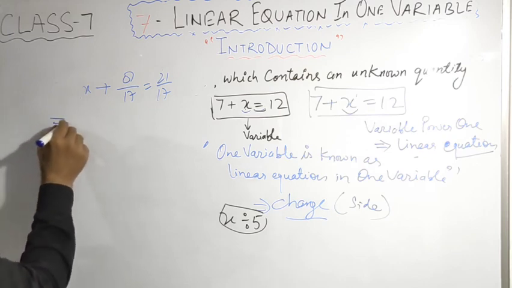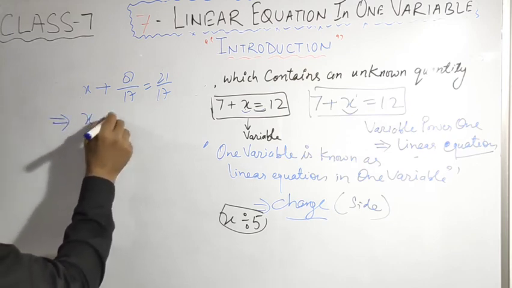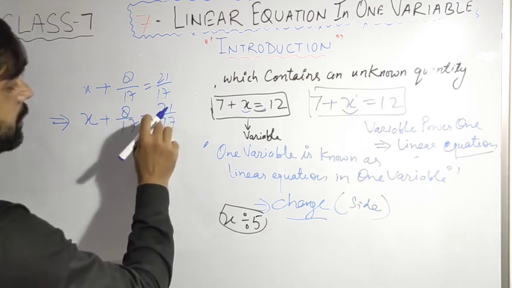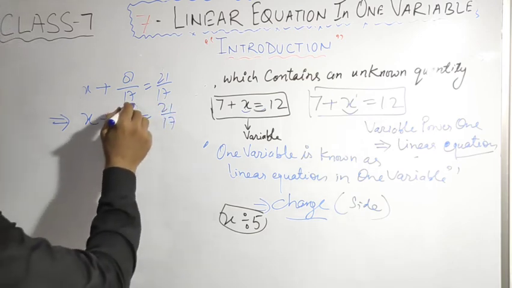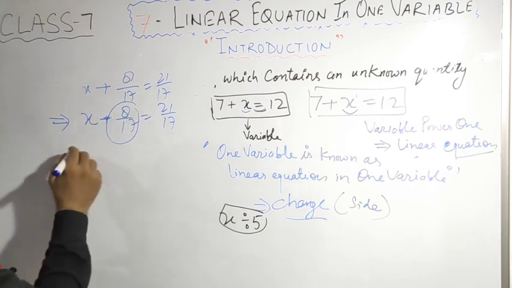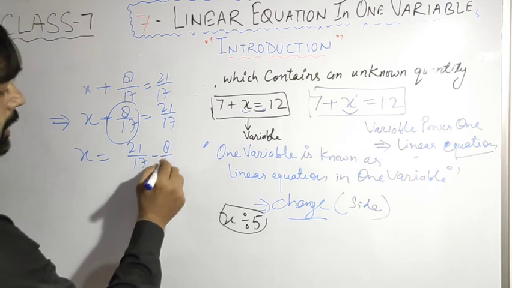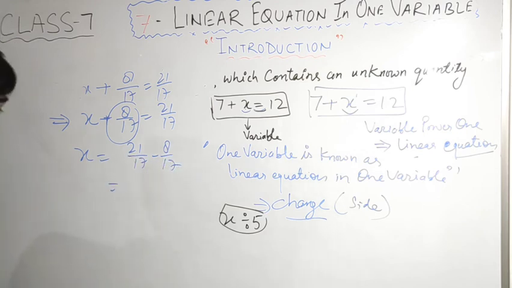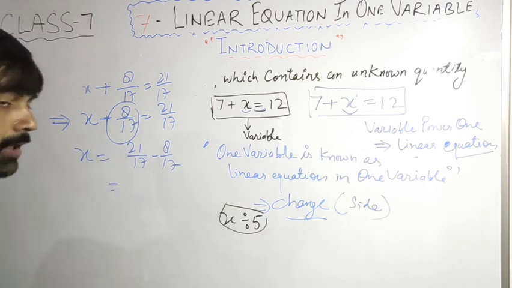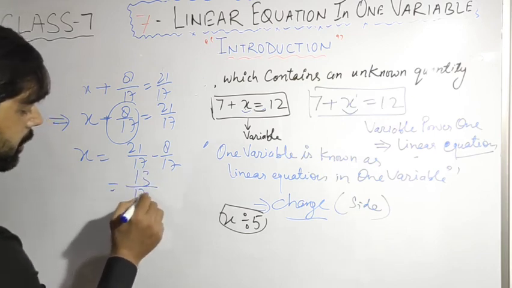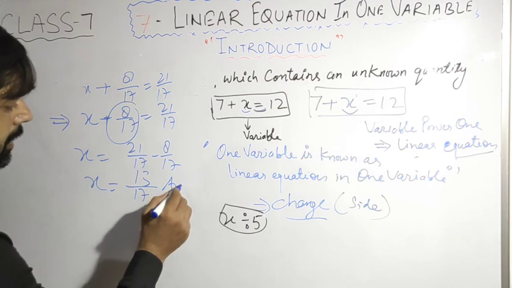Simply, x plus 8 upon 17 is equal to 21 upon 17. शिफ्ट करो आप इसको प्लस के साथ, then 21 upon 17 minus 8 upon 17. Then what will the answer be? 21 minus 8 will be 13 upon 17. So this is the answer.